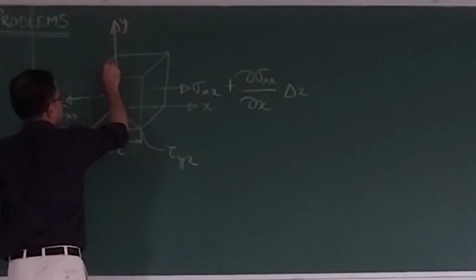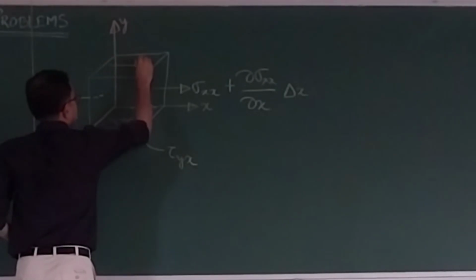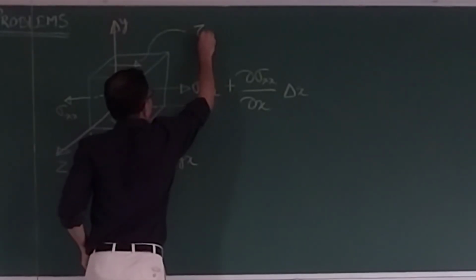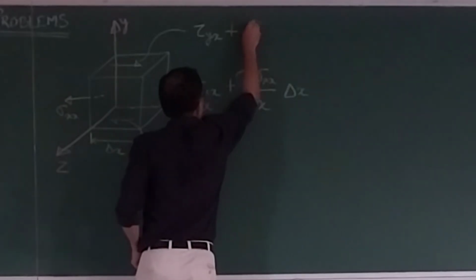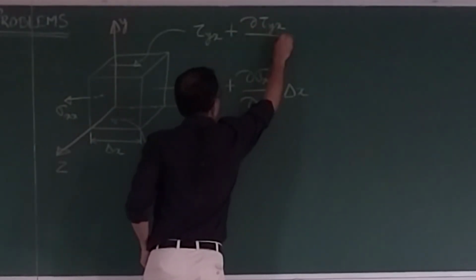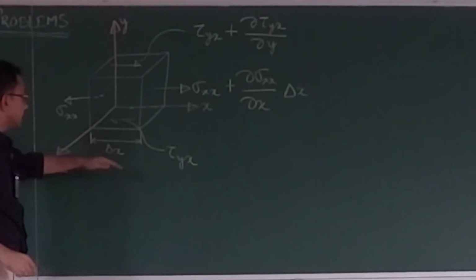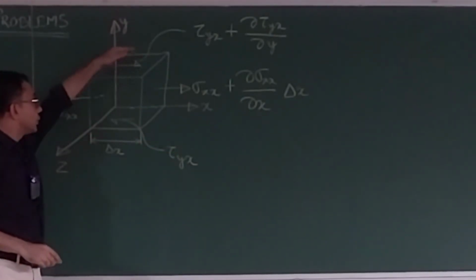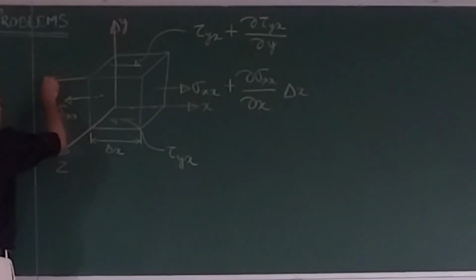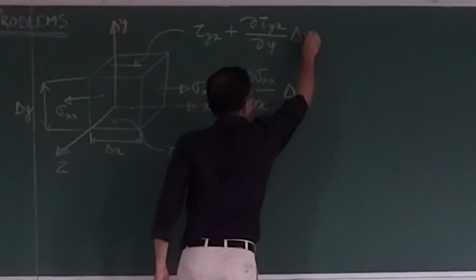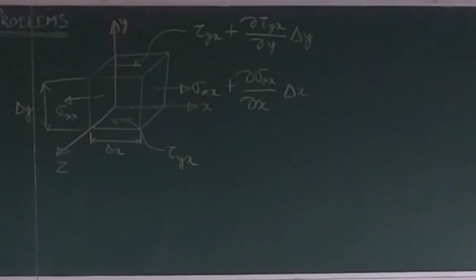And on top, this thing that I'm writing, this will be tau yx plus del tau yx del y. Because now we are looking at the increment of this tau yx as it varies over this length, which is delta y. I have not written it here, but it is what it is. This is delta y. And what should I write over here? This is into this del y or delta y.